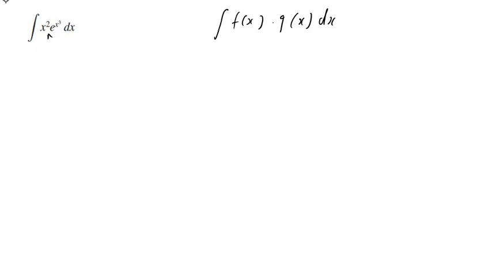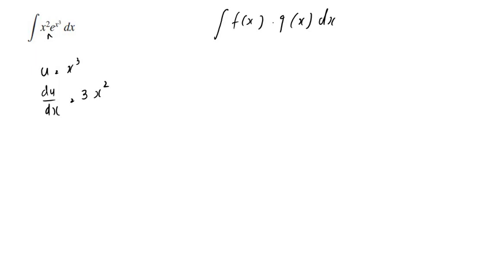So we know that function u should be x to the power 3, because the derivative is also within the function. So du over dx is equal to 3x squared.